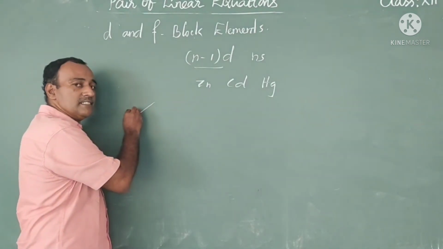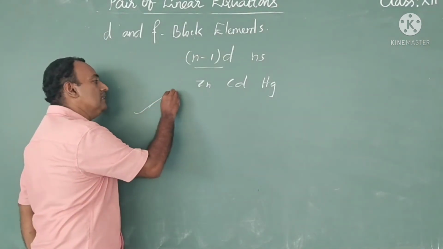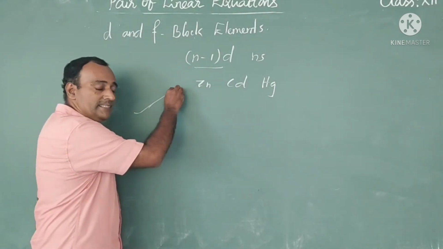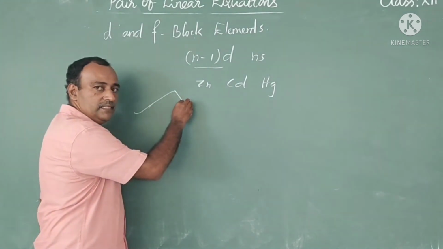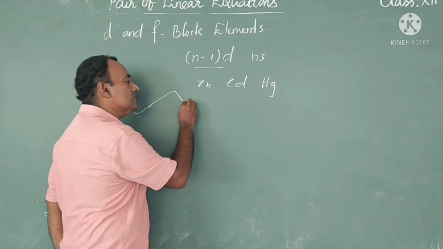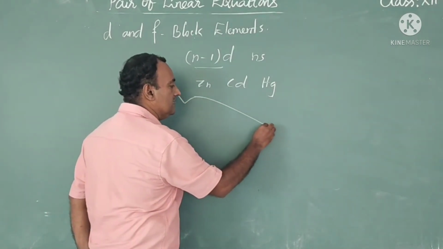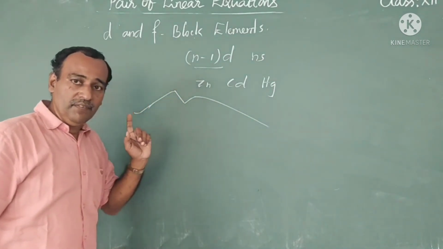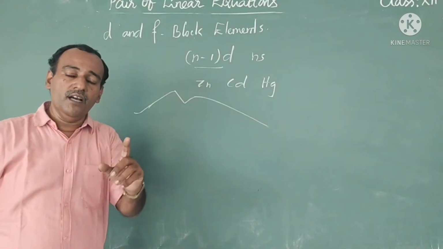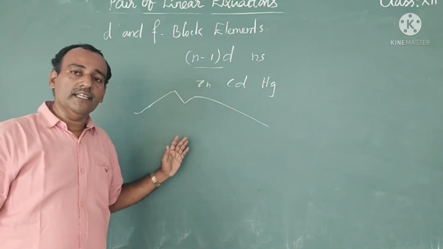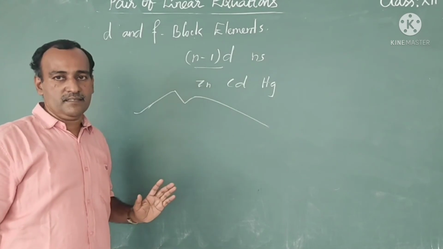Listen here, scandium, titanium, vanadium, it increases. For manganese it decreases. Then again for iron it slightly increases, then it gradually decreases. This is the variation of melting point of the d block elements, first row transition series.